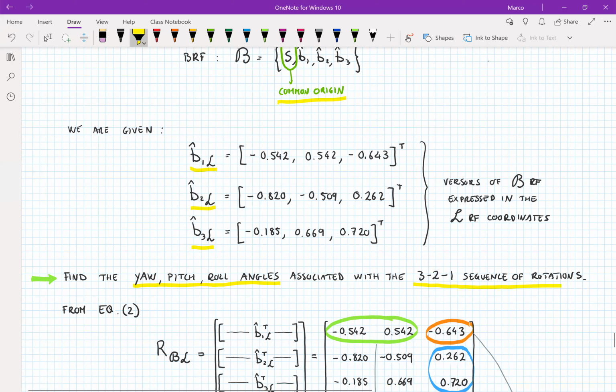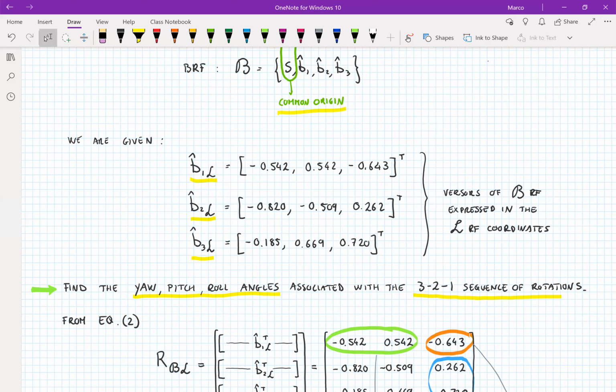Well, our objective is finding the rotation matrix from L to B. But we're given very precious information. So we're given the versors of B expressed in the L reference frame coordinates.